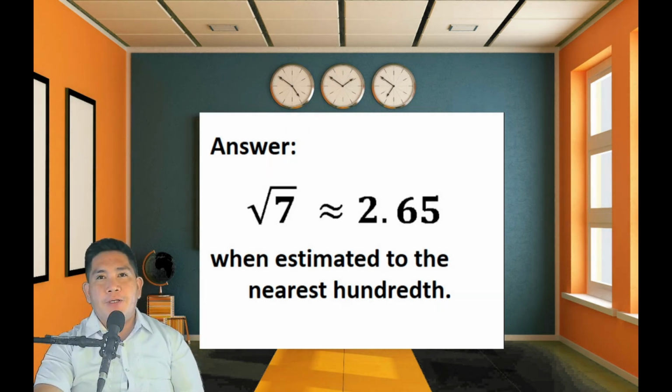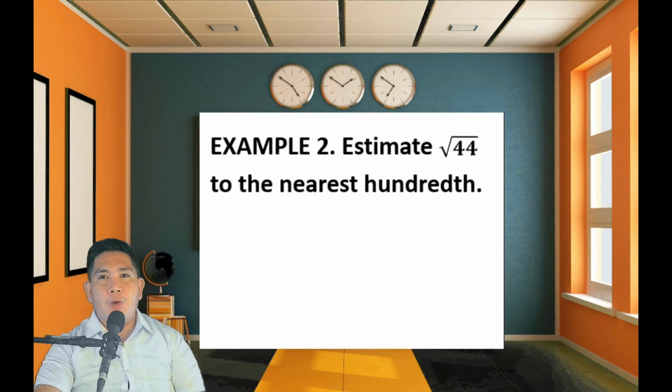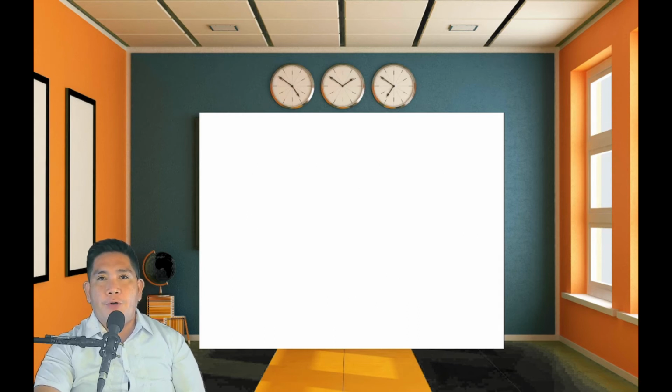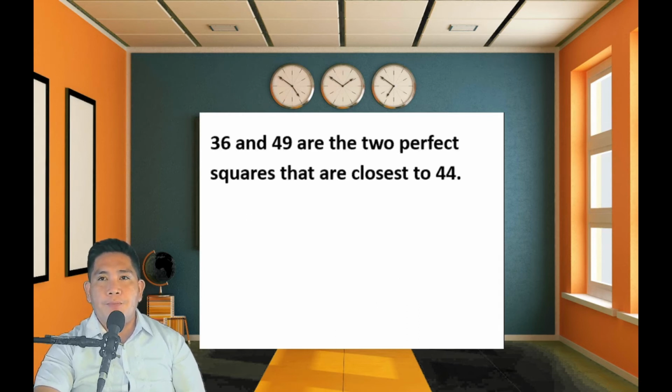Let's try another example. Estimate the square root of 44 to the nearest hundredth. Step 1. Find the perfect squares closest, that is less than and greater than the given number. Since 44 is not a perfect square, we need to find the two perfect squares that are closest to 44.